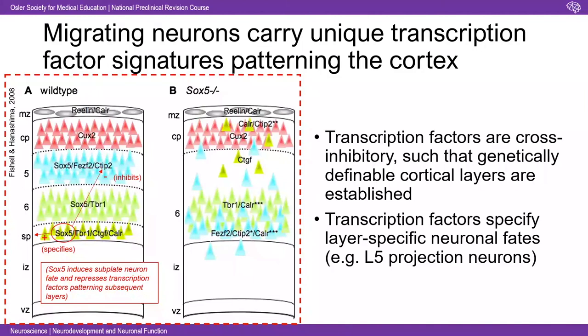Finally, these transcription factors are useful in that they determine the neuronal fates within those layers and determine what type of neurons you're going to find there. The obvious example is that the genes expressed in layer 5 will cause these neurons to terminally differentiate into projection neurons, which form those long projections out of the cortex towards the thalamus and other subcortical structures.